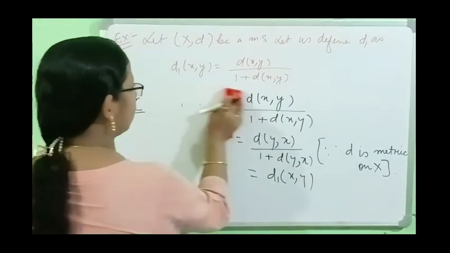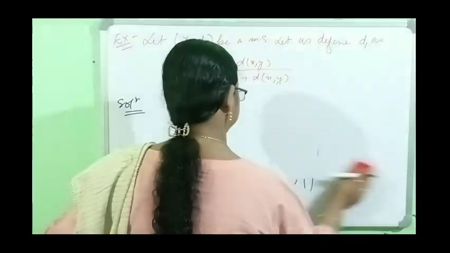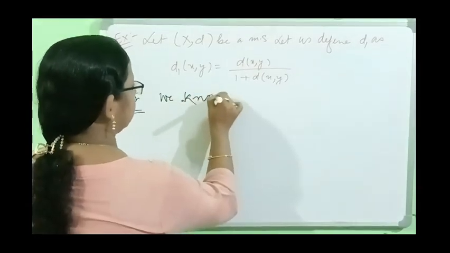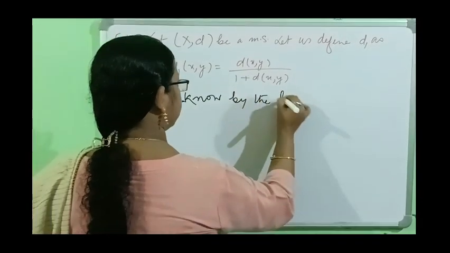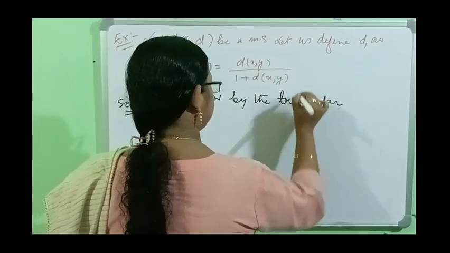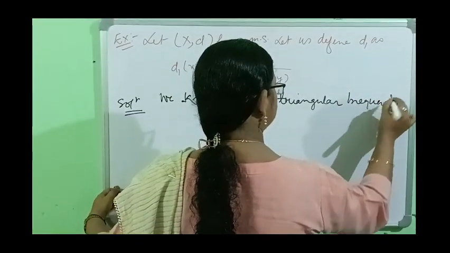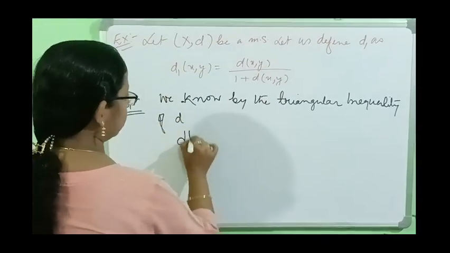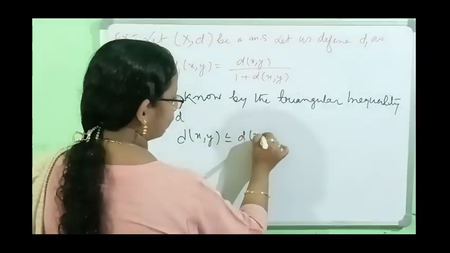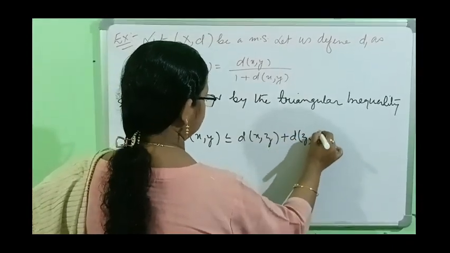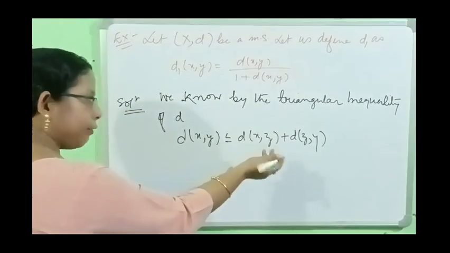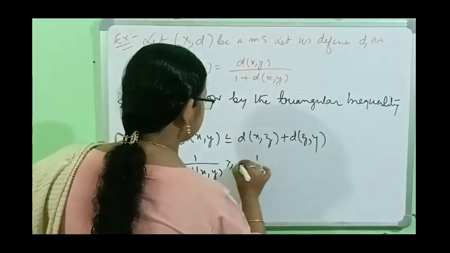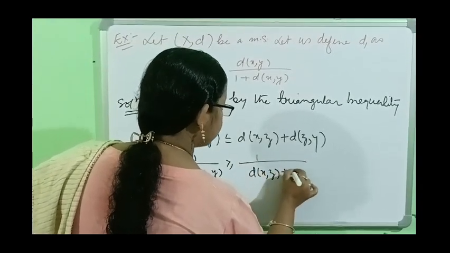Now I am going to prove the third condition. We know by the triangular inequality of d, d(x,y) is less than or equal to d(x,z) plus d(z,y), for all x, y, z belonging to X. Now if I take the reciprocal of this relation, I will get 1 by d(x,y) is greater than or equal to 1 by d(x,z) plus d(z,y).